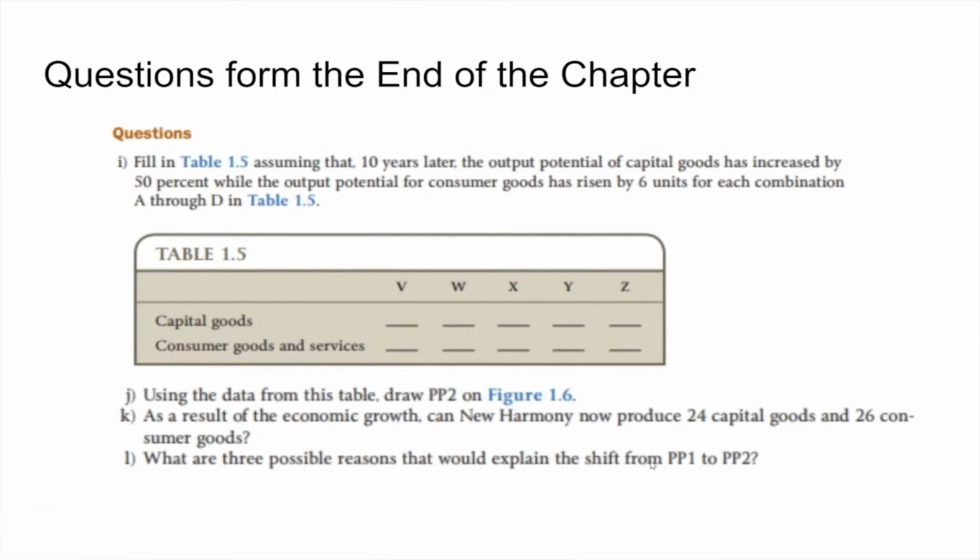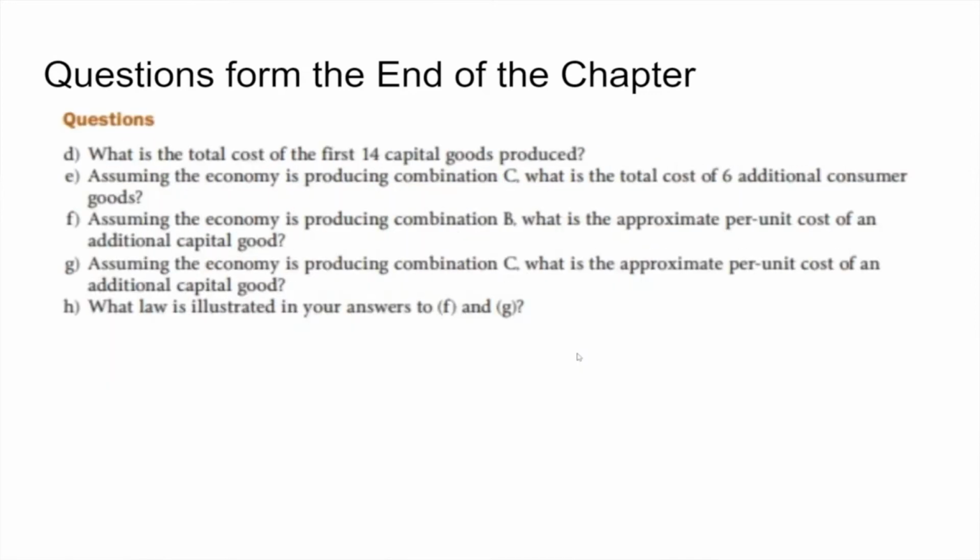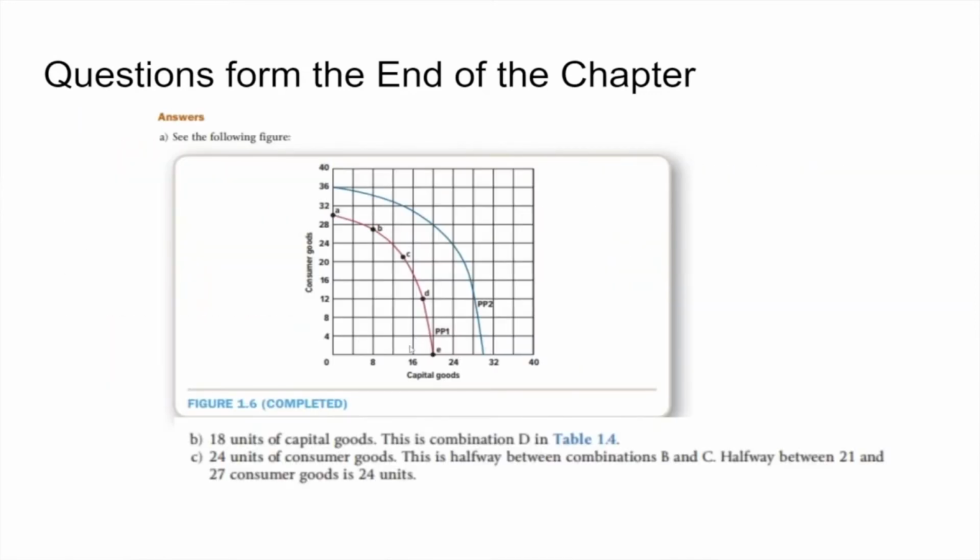Why? What are the possible reasons that would explain the shift from production possibilities 1 to production possibilities 2? Okay, so if we had to ask ourselves, why is it that we've got this increase in productivity? What happened to do this? Well, you have to think about, well, what changed in the factors of production?